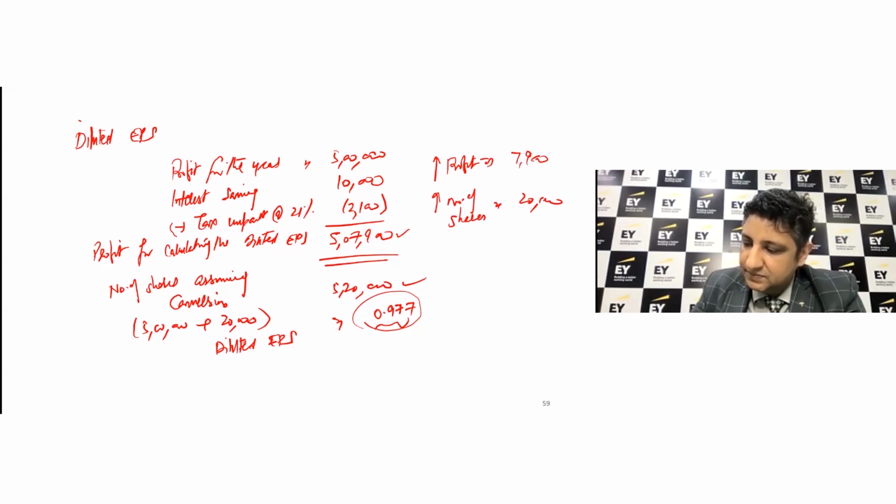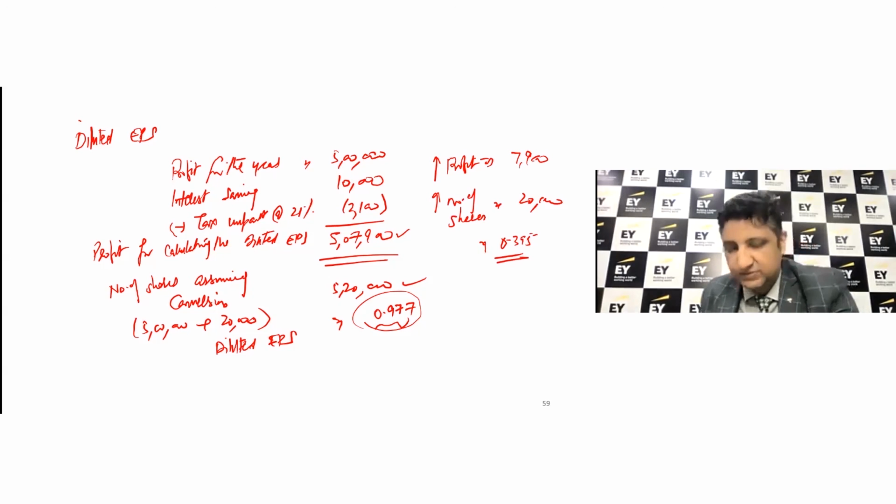That gives 0.395. That's where you start looking at the calculation of that part, right? It is not relevant to use it within the calculation of diluted EPS, but a factor of less than 1 would normally indicate that there's a dilution impact of the potential shares being converted into ordinary shares.